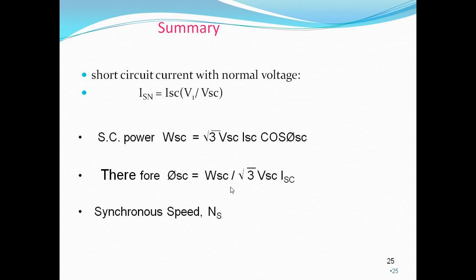After calculating this, what is the slip formula given? Slip is equal to TS by PS, that is rotor copper losses by rotor input. After getting this slip, rotor speed NR is equal to NS into 1 minus S, which gives the rotor speed at a given value.